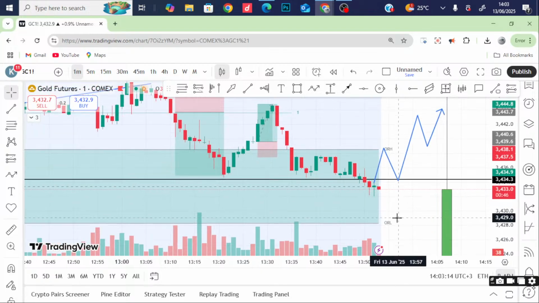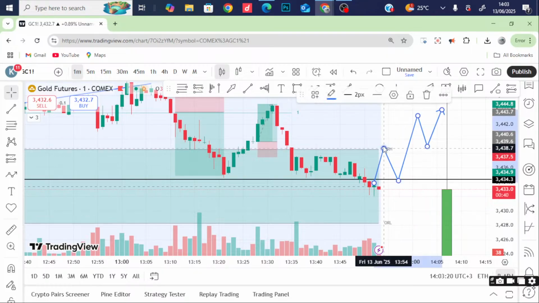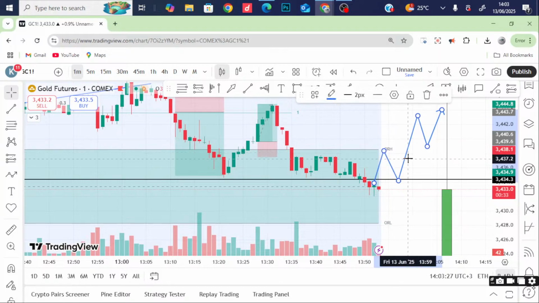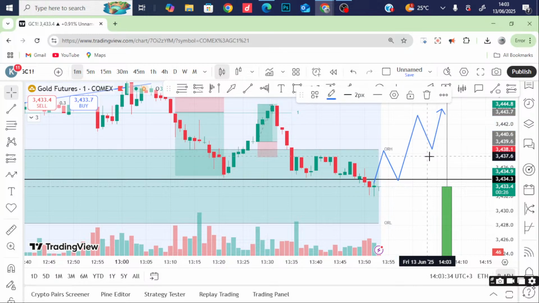They are becoming stronger. So we'll wait for a retest from this point, from the ORB, either downwards, then we wait for a retest from the ORB. We take our entries.